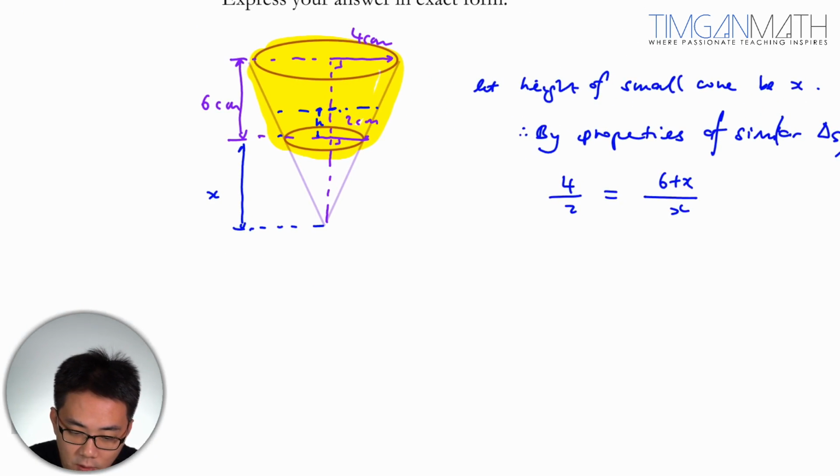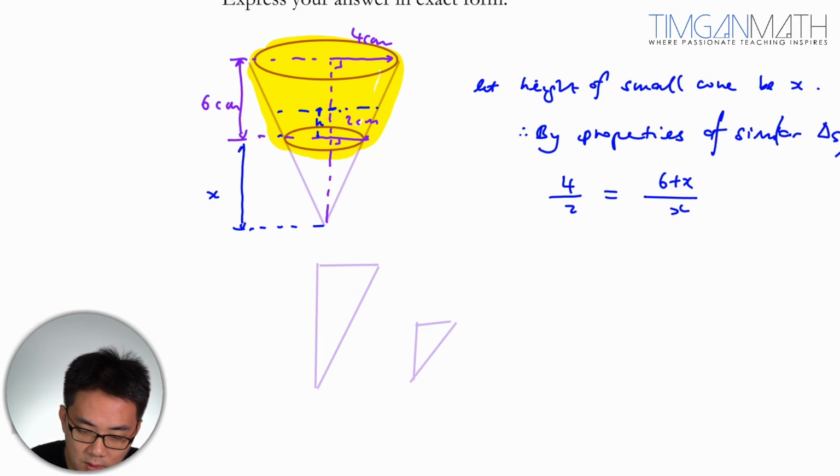So 4 over 2, because now I have got this triangle here and this small triangle here, right? So these are two similar triangles. We have got 6 plus x here, and this is 4, this is 2, and this is x, right? So the big one and the small one, there you go. Small one is here.